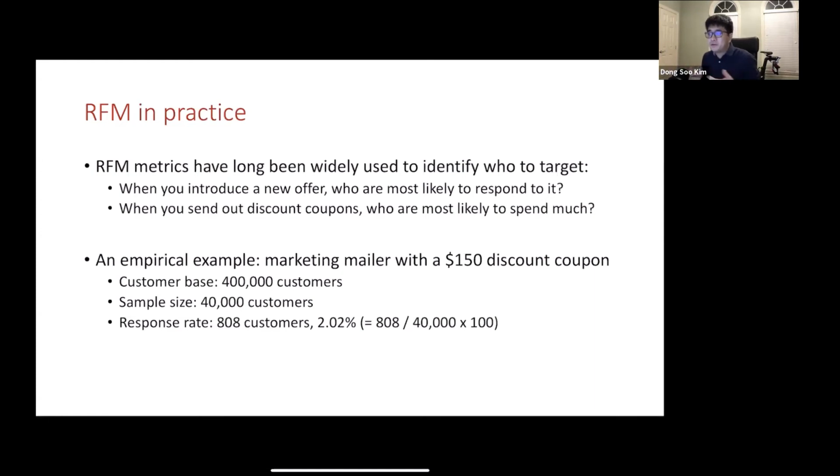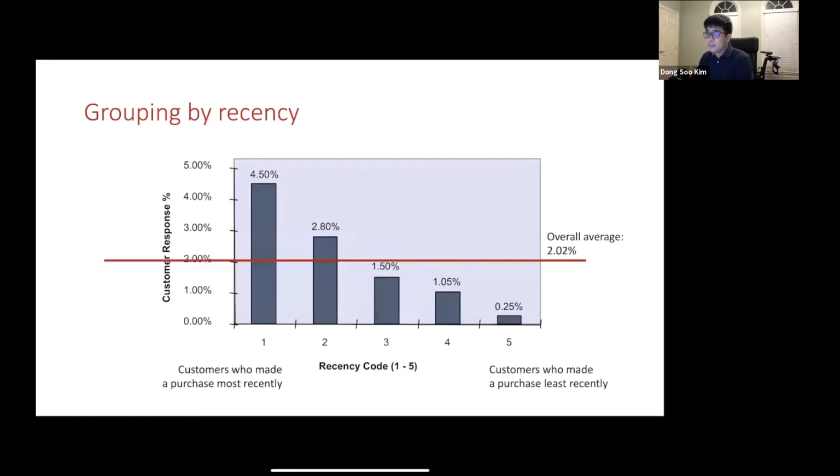Out of the sample customers, 808 customers placed an order with the coupon, so the overall response rate is 2.02%. To investigate the efficacy of RFM metrics, a marketing manager of the company divided the sample customers into 5 equally sized groups by recency, frequency, and monetary value.